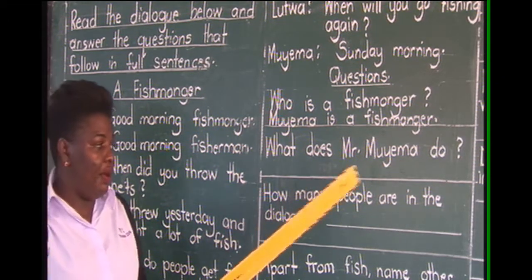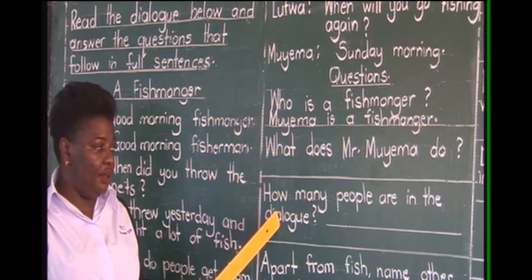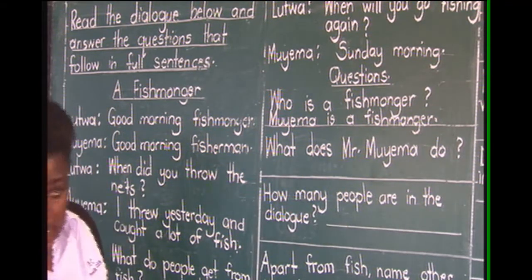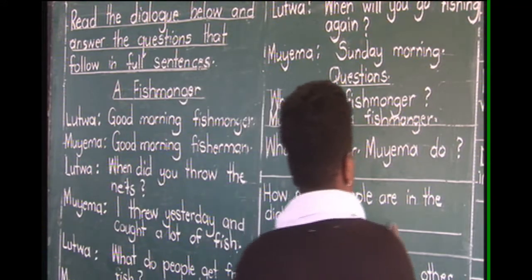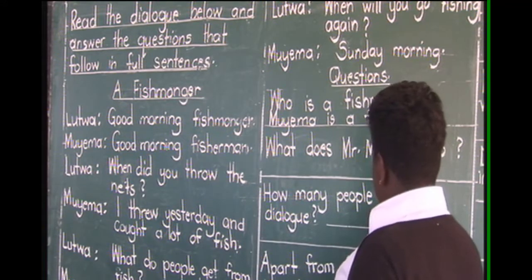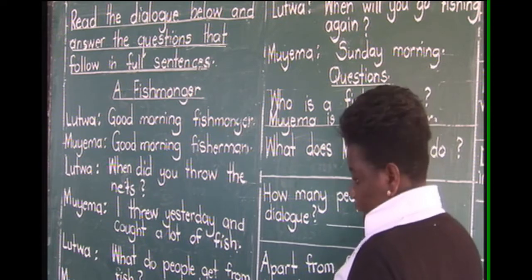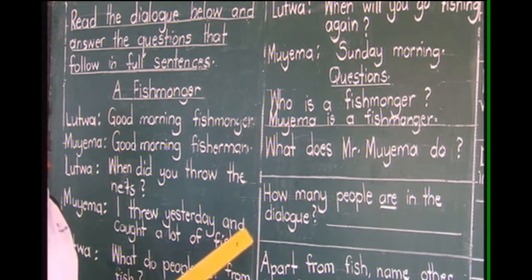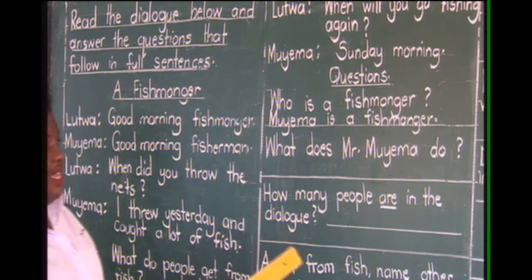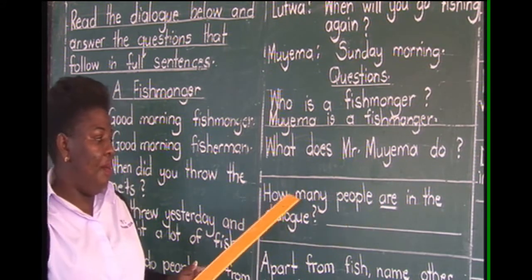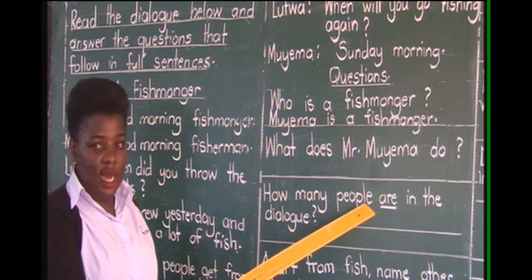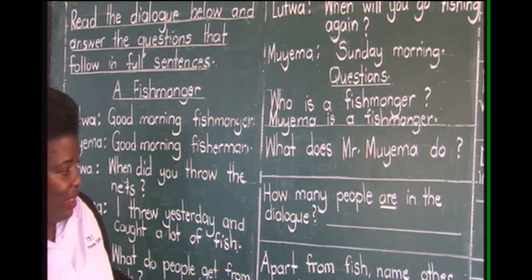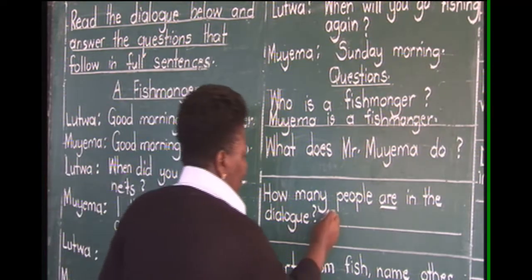How many people are in the dialogue? In this sentence, I have this word are. That is a key word there. So when you find questions like this, how many, and then you find are, you begin that sentence with there are.